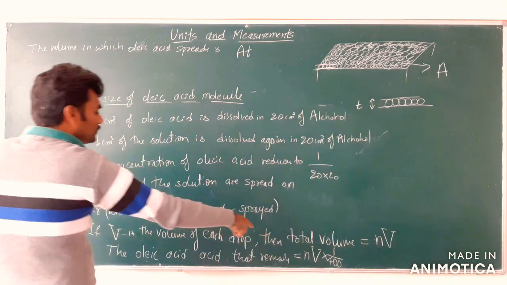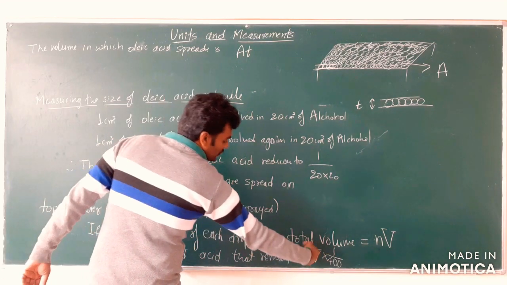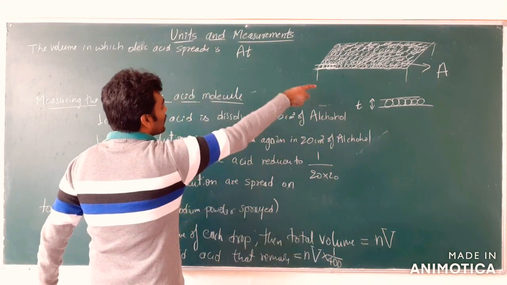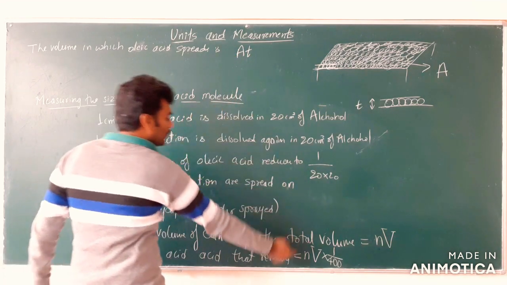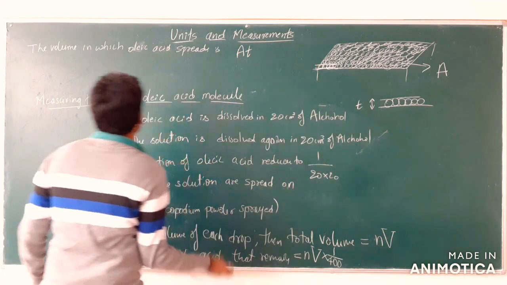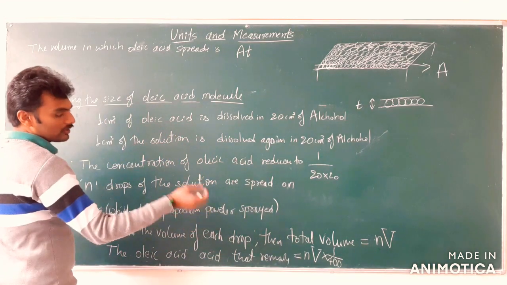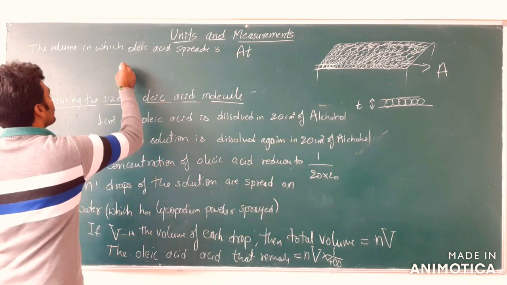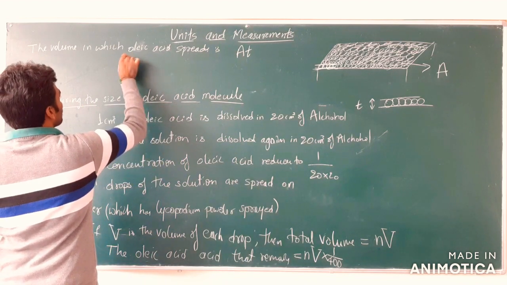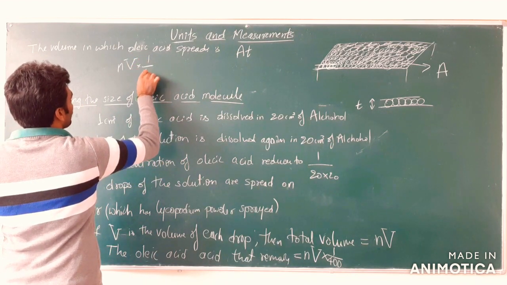So these two are the same. This much of oleic acid is spread like that to give this much of volume again. So these two are one and the same, isn't it? Because that itself is the volume of oleic acid which has spread to give this shape. So it is NV into 1/400.